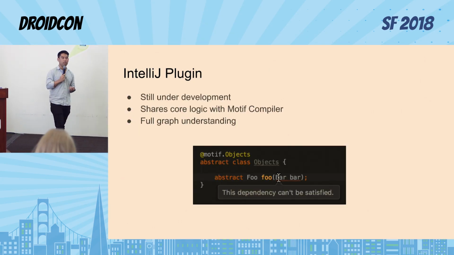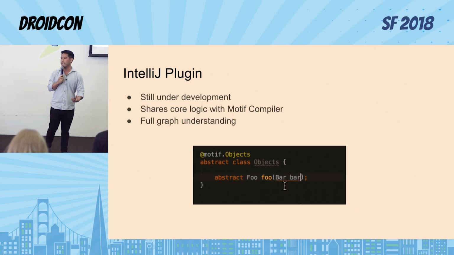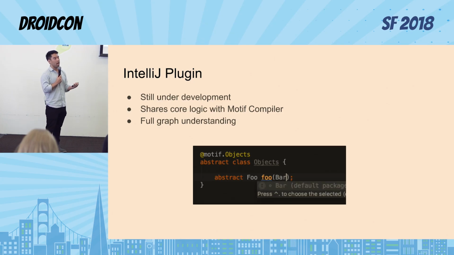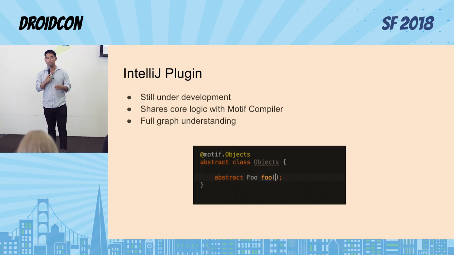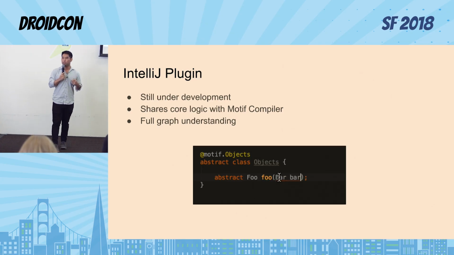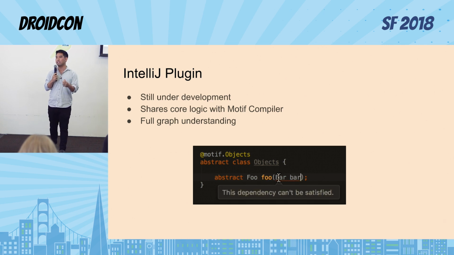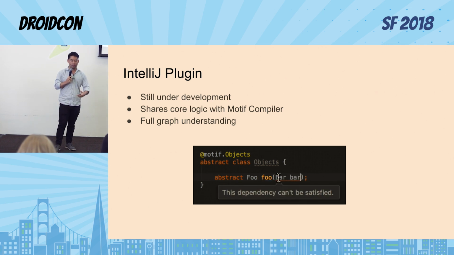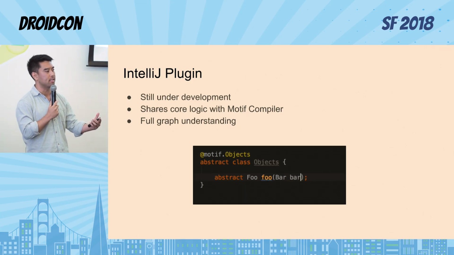This is still under development, but this is kind of what we envision for the future of IDE integration for Motif. Once we have a full graph understanding inside of an IntelliJ plugin, we can do really cool things like real-time graph validation. So we all have run into that dreaded missing dependencies or missing bindings error in Dagger world. And we have to fix that in our source code and recompile to figure out whether or not that passes.